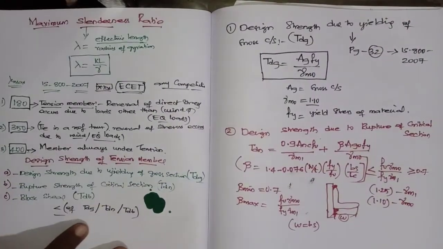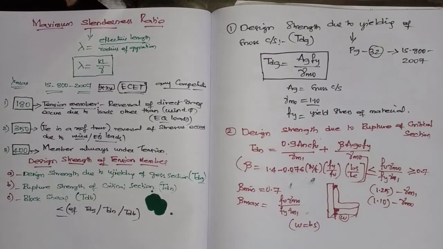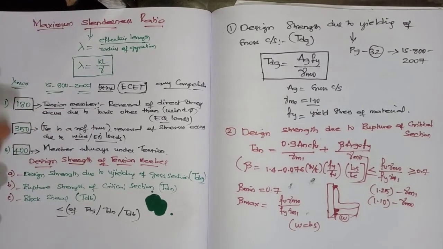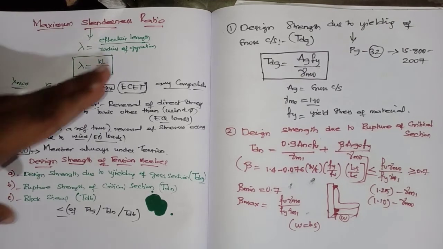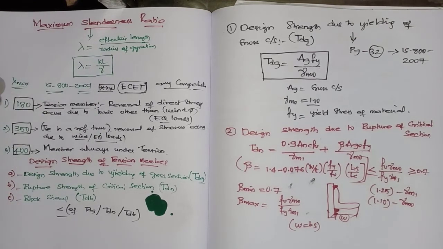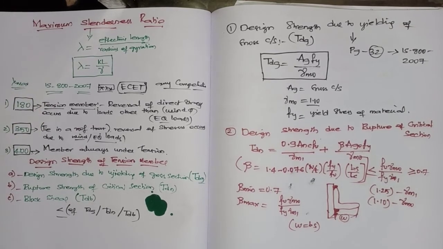Next, coming to the maximum slenderness ratio. What is the slenderness ratio? It is defined as the ratio of effective length to least radius of gyration, lambda equals effective length by minimum radius of gyration. IS 800 2007 suggests three maximum values.